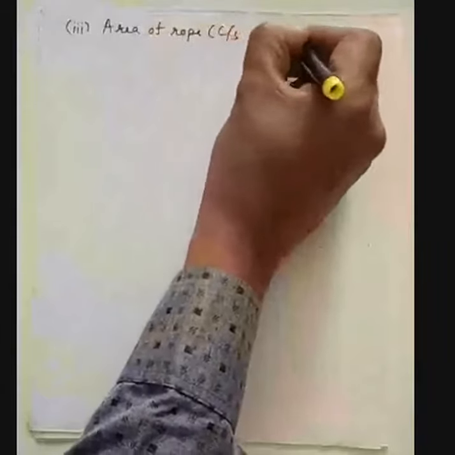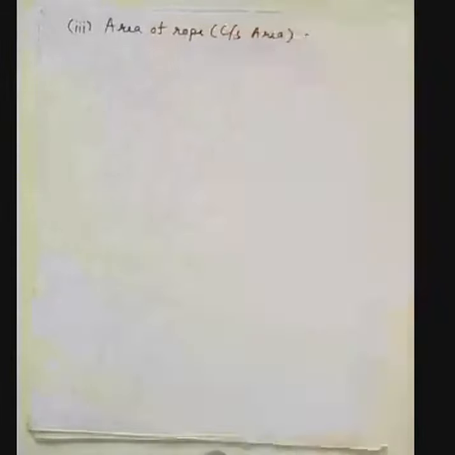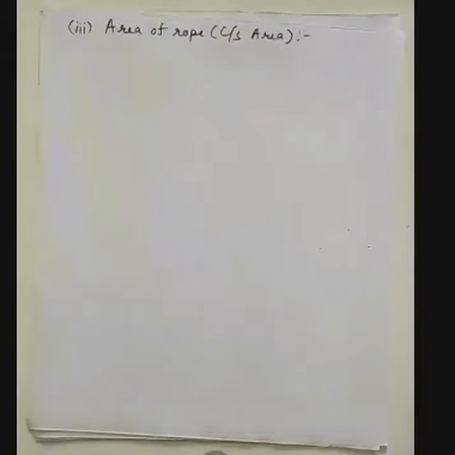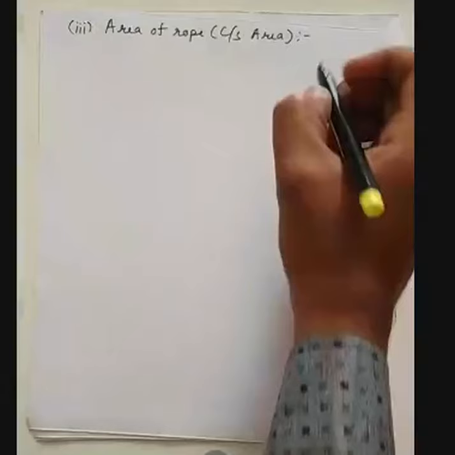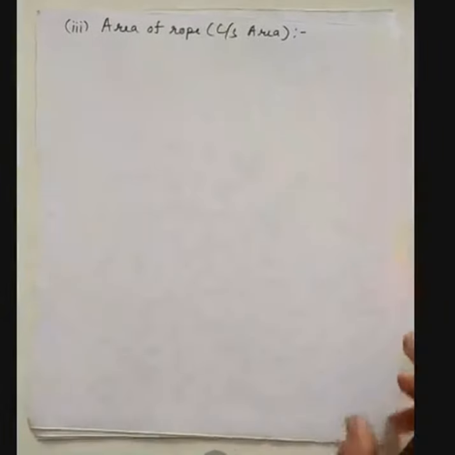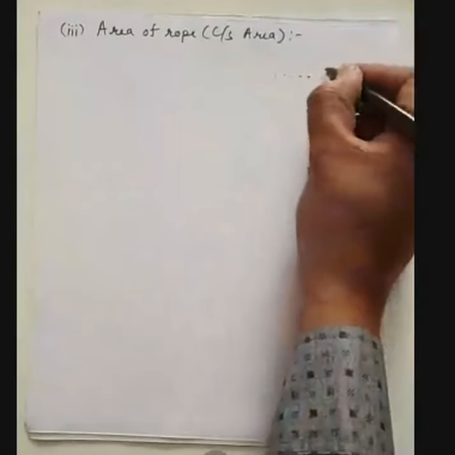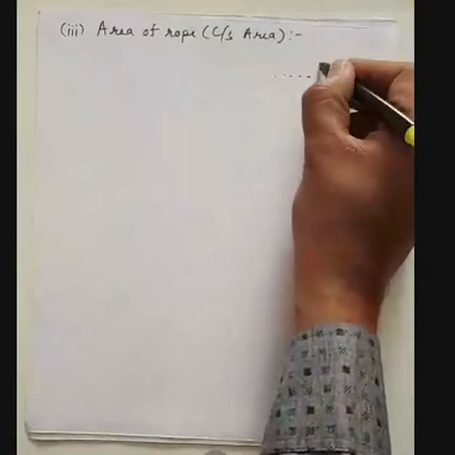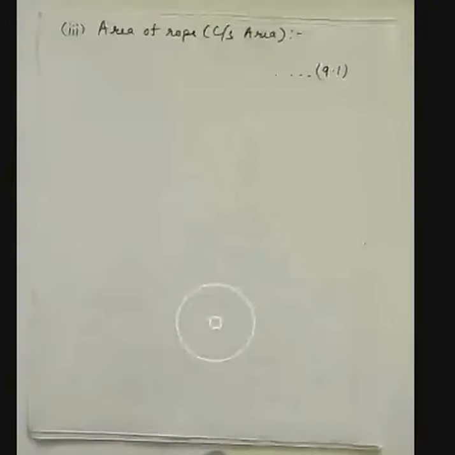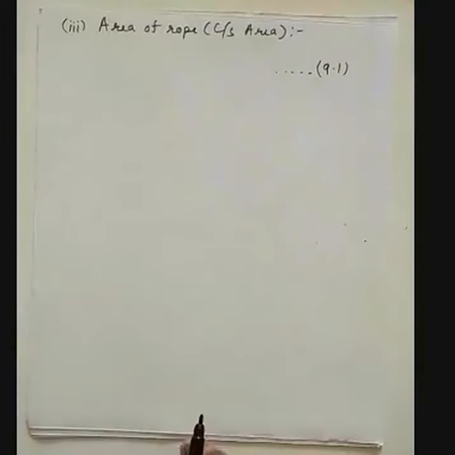We will be finding the diameter with the help of that area, right? So for this, just refer PSG 9.1. In PSG 9.1, there is one formula given for area. So please refer 9.1.